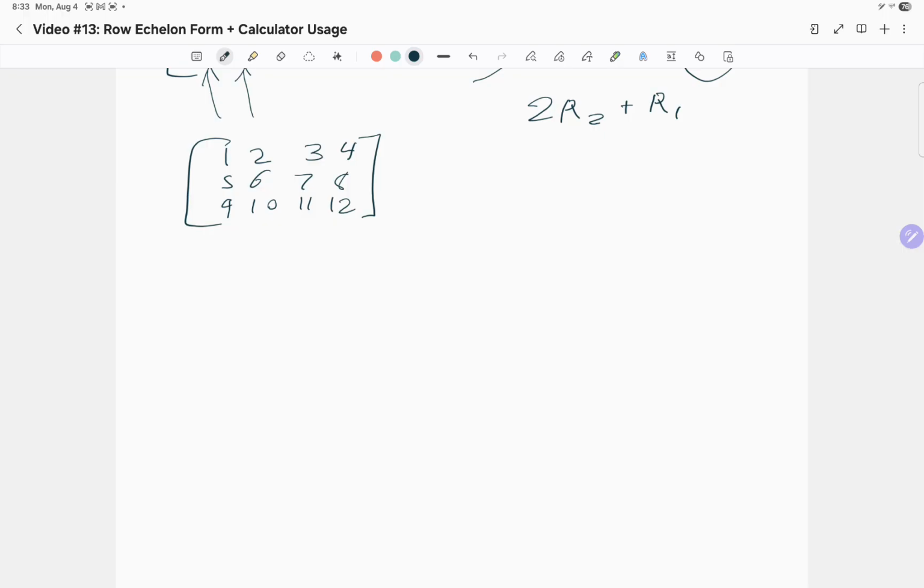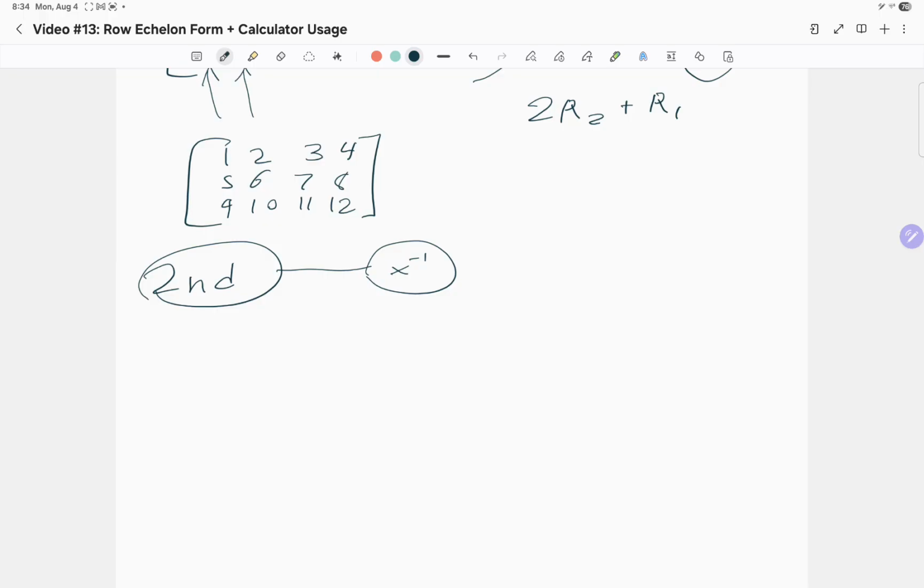So first, in order for us to find the row echelon form of this matrix using our calculator, we need to first enter this into our calculator, right? So our first step is second, x inverse. So the x inverse button, on a standard graphing calculator, TI-84 Plus I'm using here because I'm fancy.